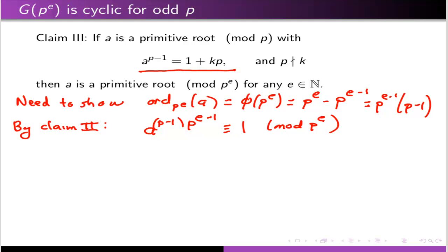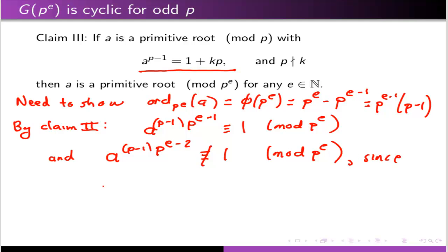That's congruent to 1 mod p to the e. But the other fact we get from claim 2 is that if you raise this to one lower power like this, this is not going to be congruent to 1 mod p to the e. And why is that?